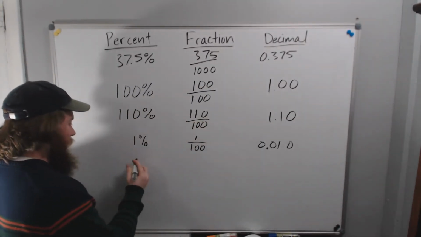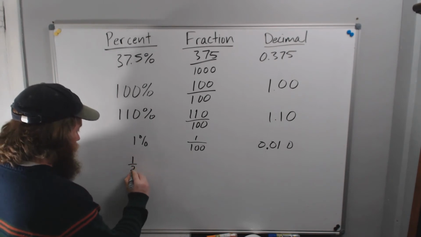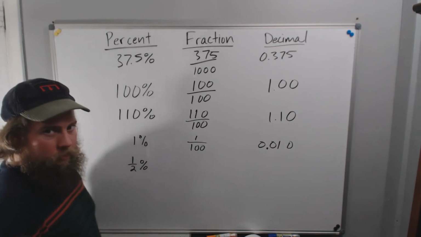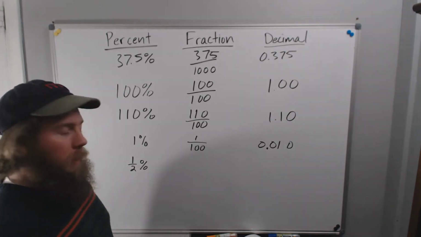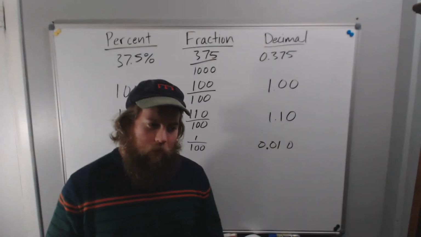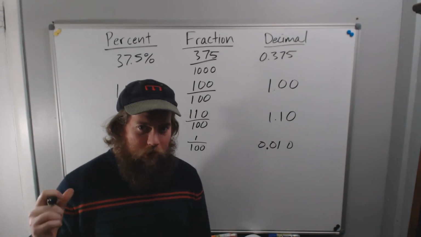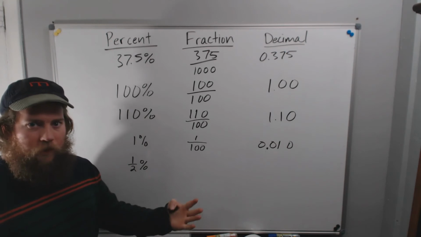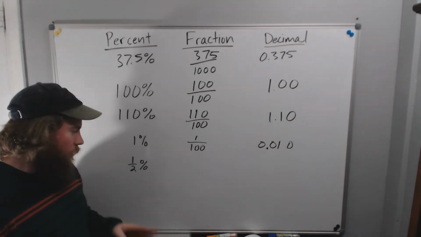All right, let's get into the last one. We have 1/2%. It's definitely easy to just jump right into this and say, half a percent, oh, it's 50, right? Well, no, we've got to be careful.